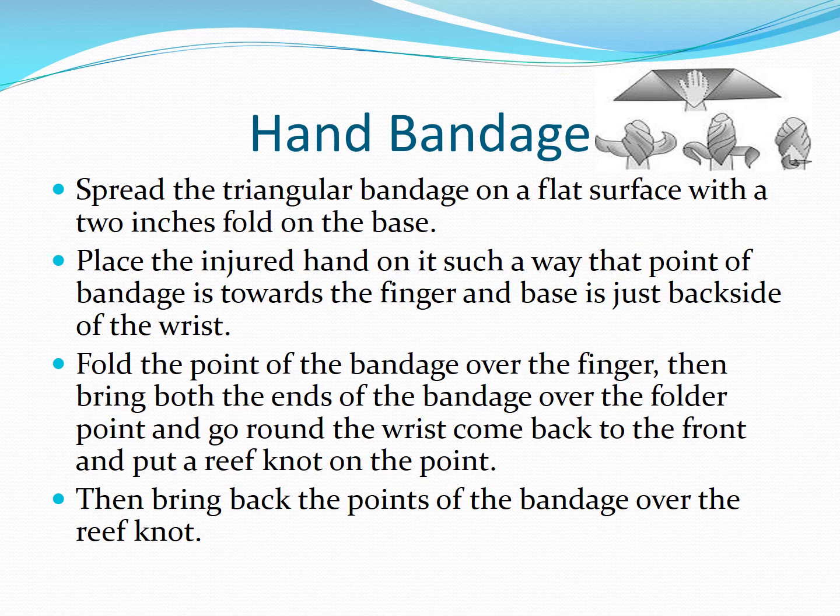Fold the point of the bandage over the fingers, then bring both the ends of the bandage over the folded point and go round the wrist. Come back to the front and put a reef knot on the point. Then bring the point of the bandage back over the reef knot.